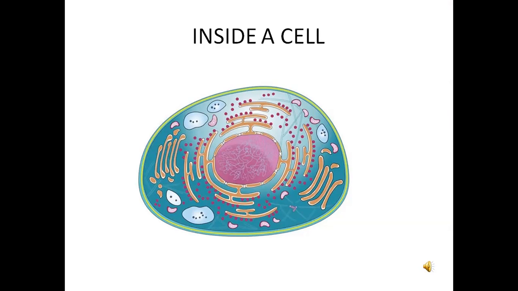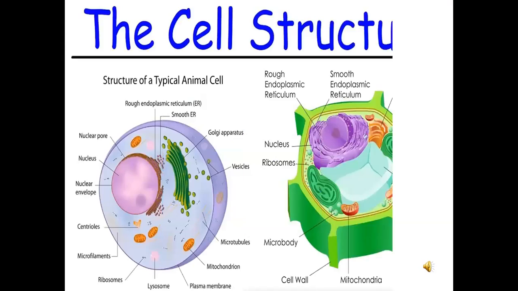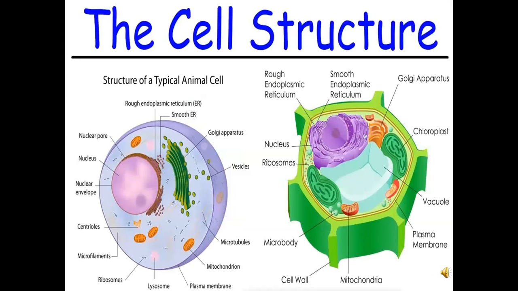So in this picture, this is a cell and inside the cell there are many organelles. Let's see one by one. Cell structure. As we have mentioned before, all cells have some common structure.